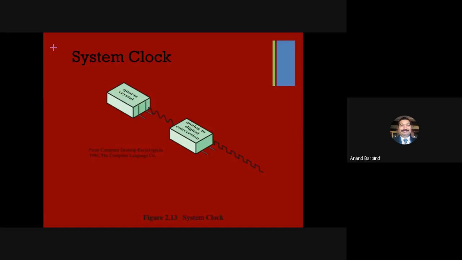And it needs a clock. When you talk about the speed of operation of the counters or the registers, the frequency of the clock plays a vital role in the speed of the operation.